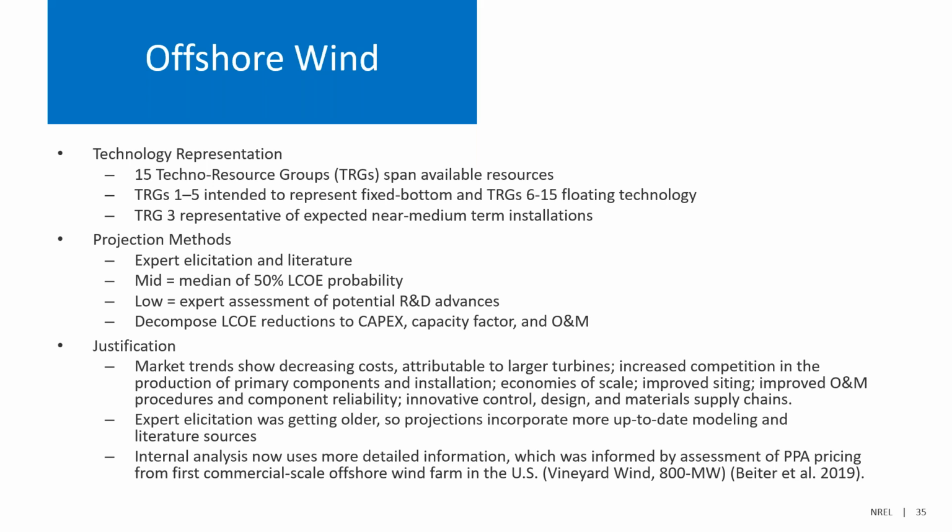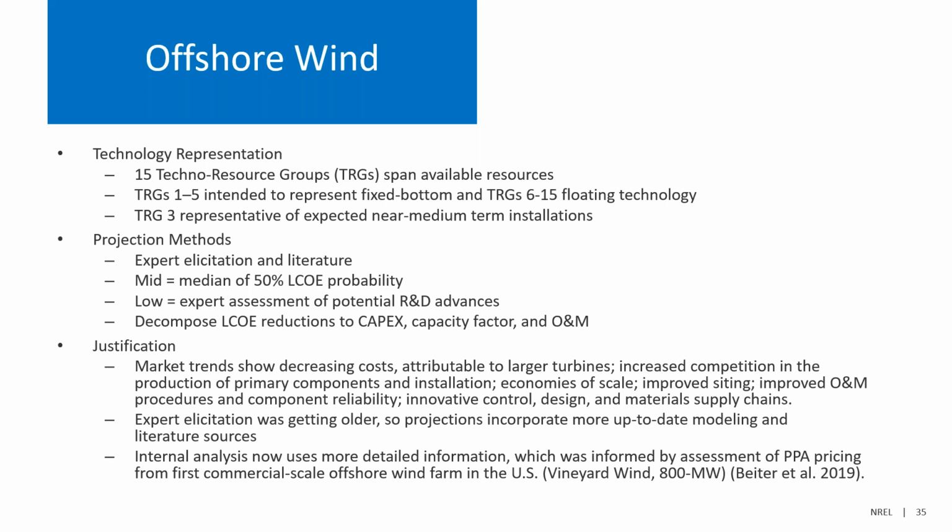Some general words on what justifies the reduction in costs that I'll be showing on the next slide. Informed by market trends both in Europe and in the US, we're seeing decreasing costs, primarily driven by larger turbine ratings up to 15 megawatts in the early 2030s.